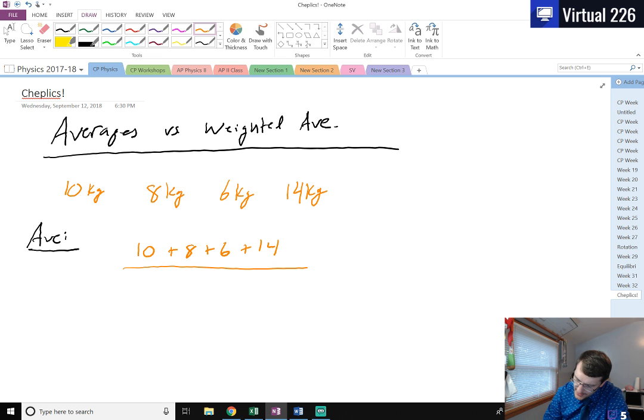And then you would divide by the total number that you have. Since we've got 1, 2, 3, 4 distinct objects, we divide by that total amount. So in this case, 8 plus 6 is 14, plus 14 is 28, plus 10 is 38. 38 divided by 4, what is that, about 9.6?